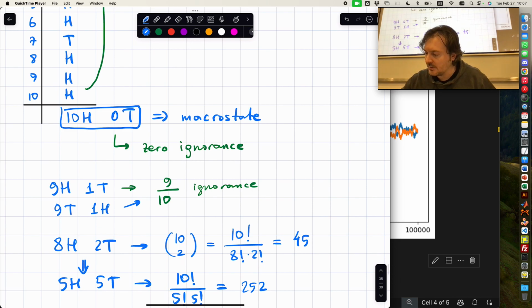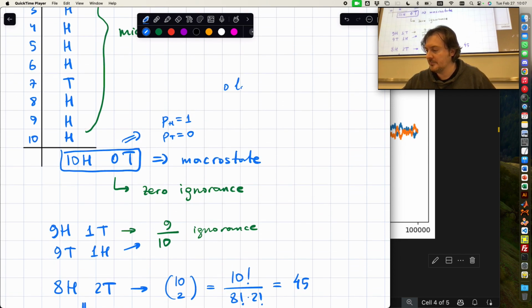We can go back and calculate the entropy of these systems, for example. What is the entropy here? So you have P heads is 1, P tails is 0. What do we do with 0 log 0? 0 ln 0, it's 0, because this one goes to 0 way faster than this one goes to minus infinity.